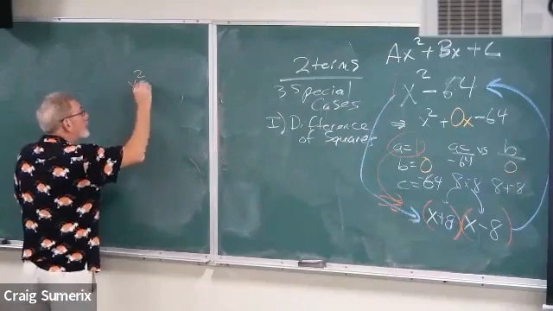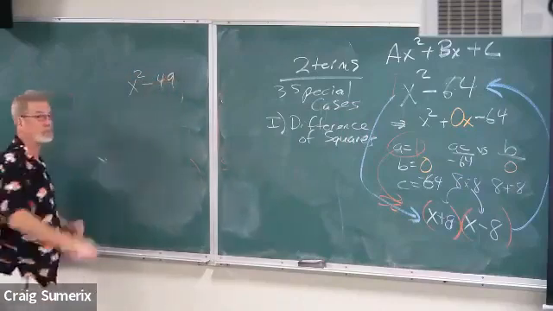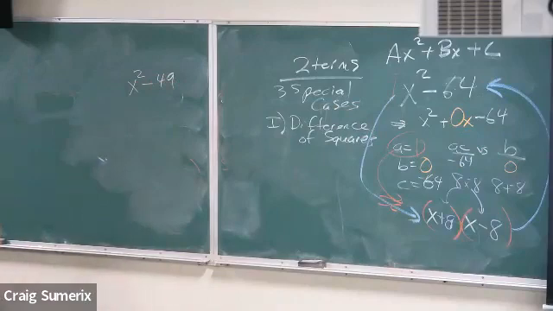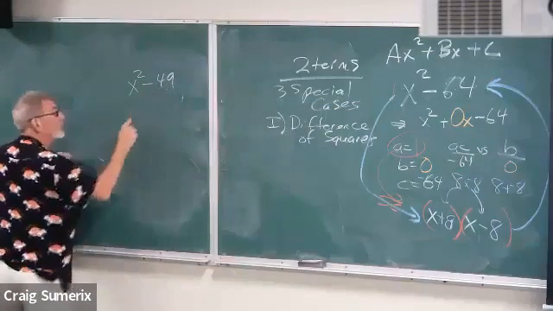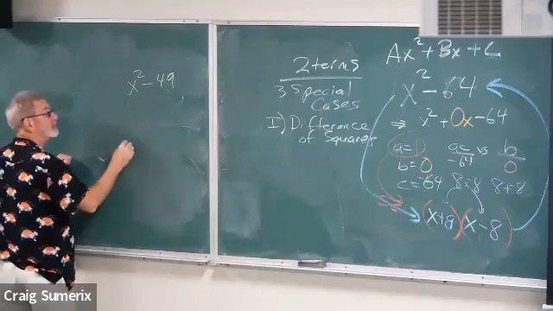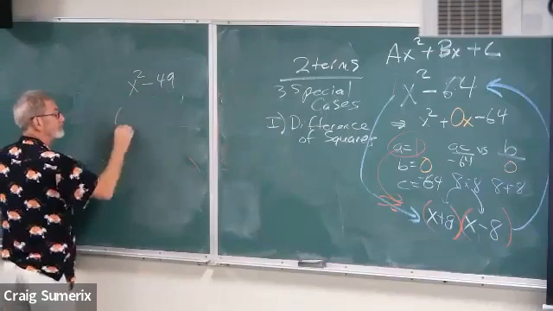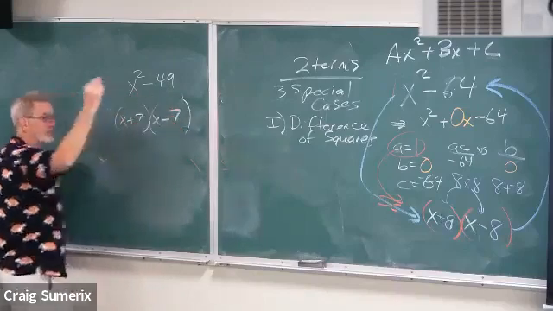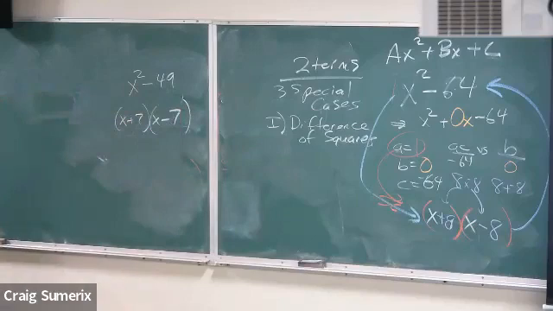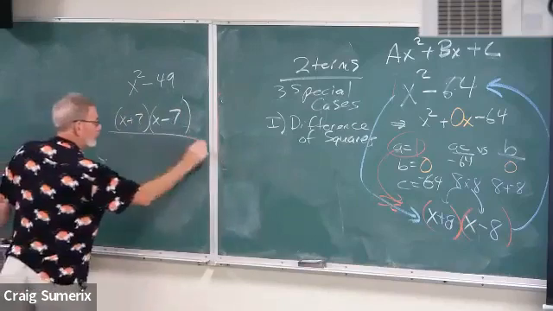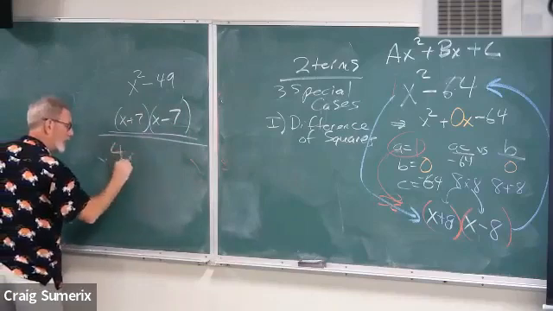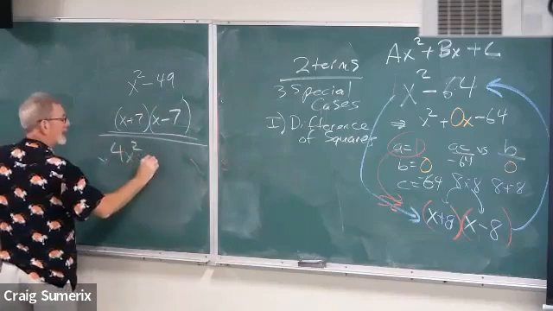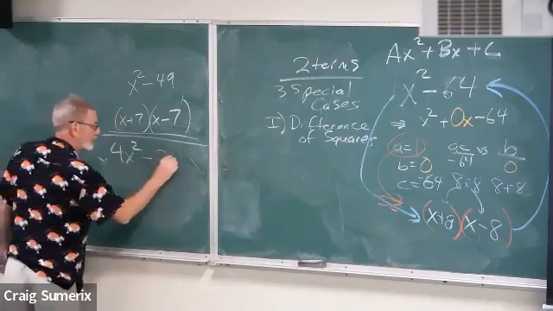X squared minus 49. Is that the difference of squares? Yeah. 49 is 7 times 7. X plus 7, X minus 7. What about this? 4x squared minus 25.